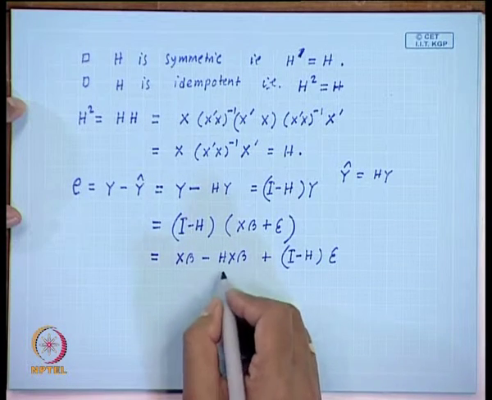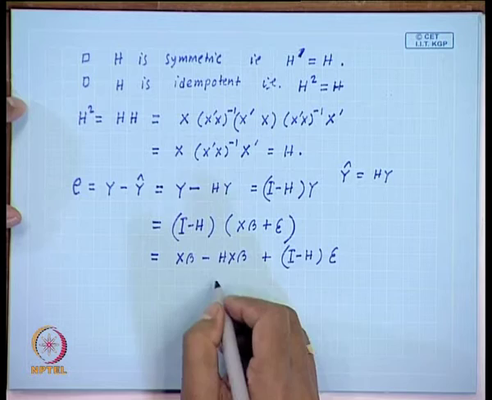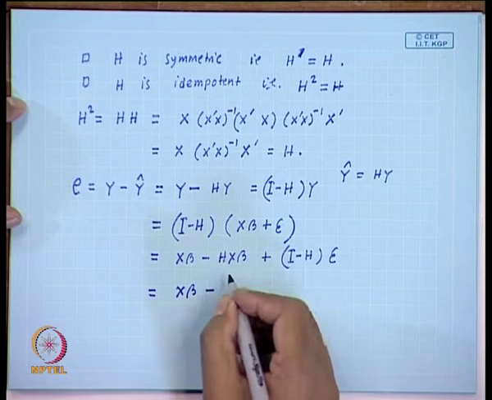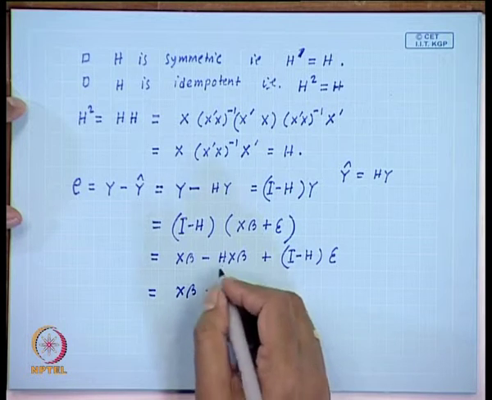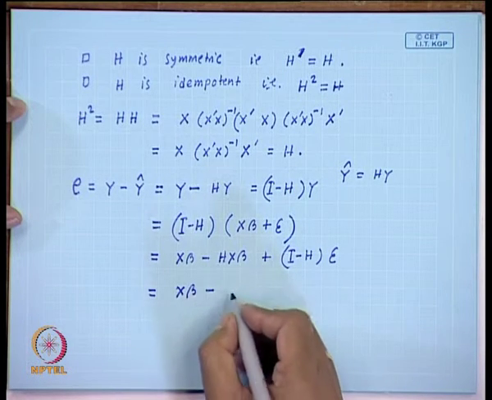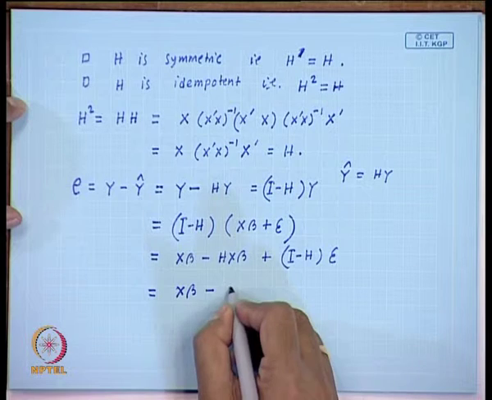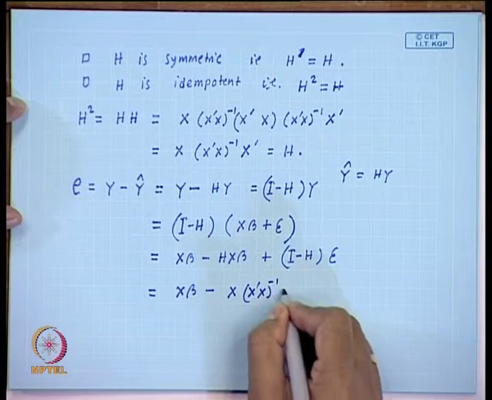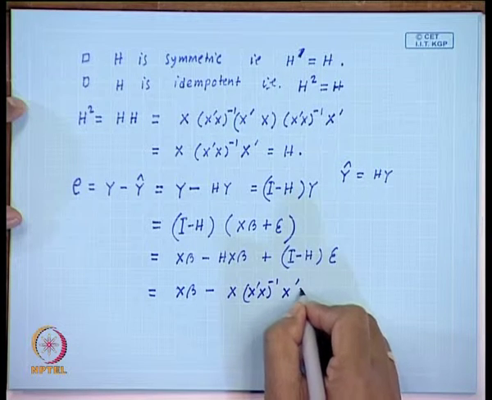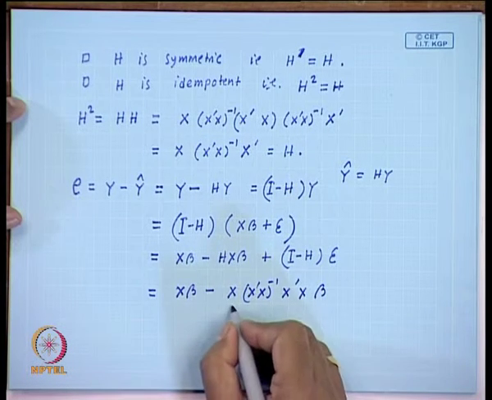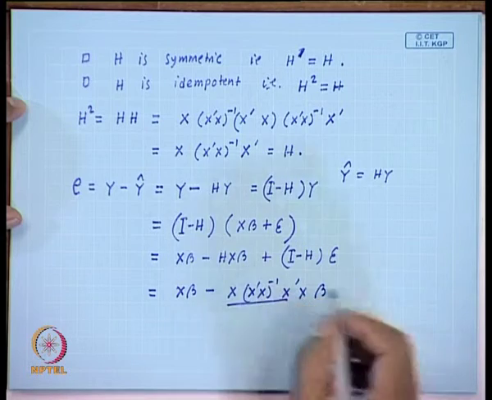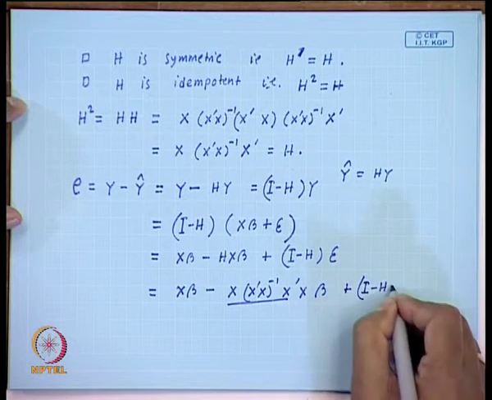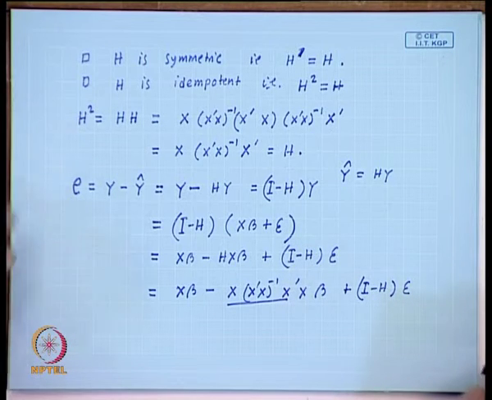Okay. So, this is equal to X beta, sorry. So, H is equal to X prime X inverse X prime, X beta. So, this is H and then X beta plus I minus H epsilon.